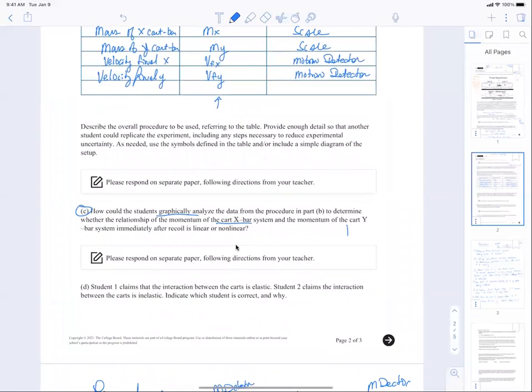I would have momentum of Y versus the momentum of X for each one, and you can plot it. Then how would you know if it was linear or nonlinear? You would examine the curve. So final momentum, by the way, this is final momentum because the initial momentum is 0. Okay.